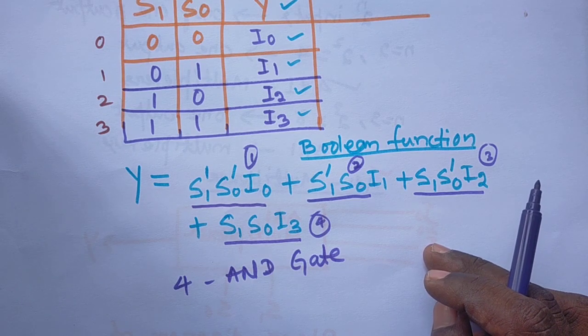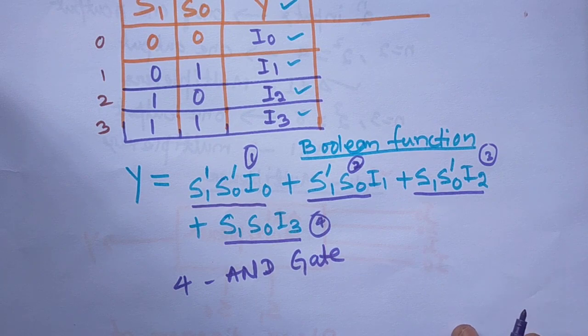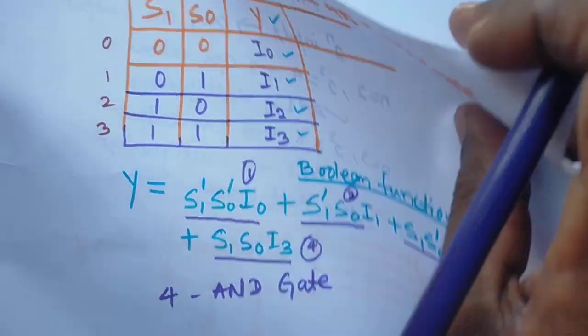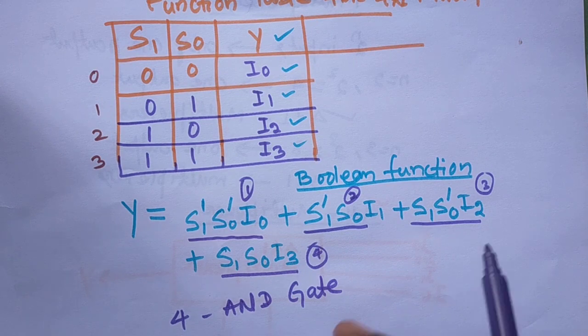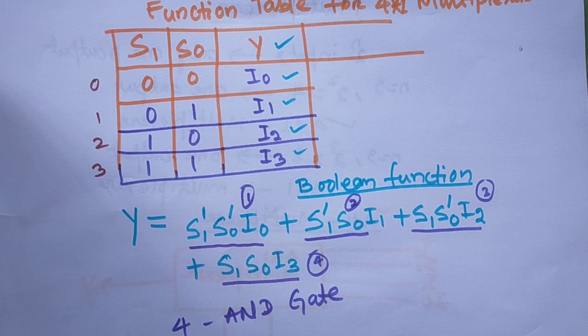Now we will see how the logic circuit diagram is designed for this particular Boolean function. The Boolean function is defined here, but we have to design the logic circuit diagram of this function.